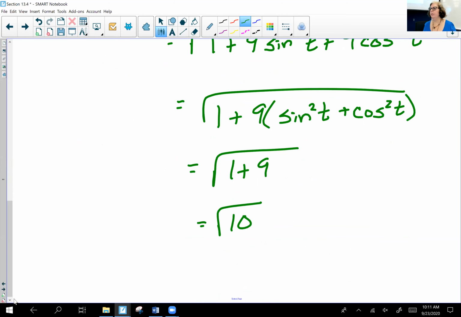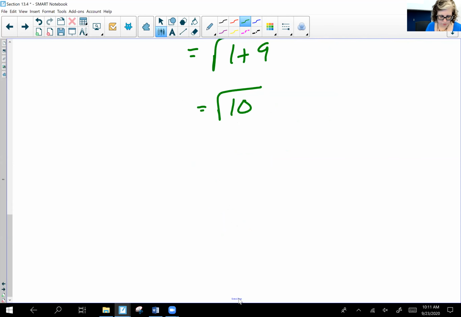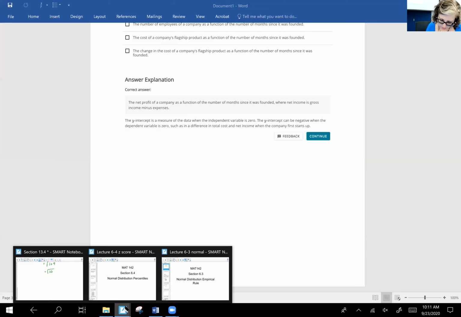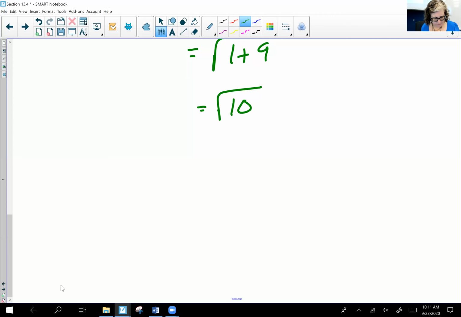So this one ends up being really nice, isn't it? Because it's just a number. When we're dealing with the sines and the cosines, things are much cleaner than when we're dealing with those e values. All right, so we end up with our tangent vector, right?